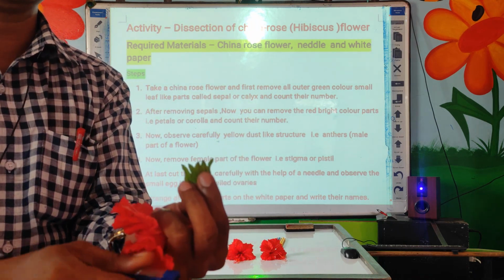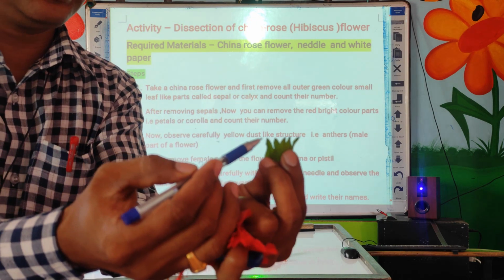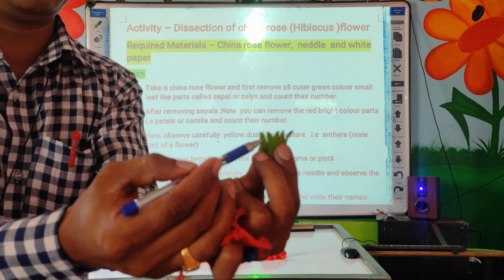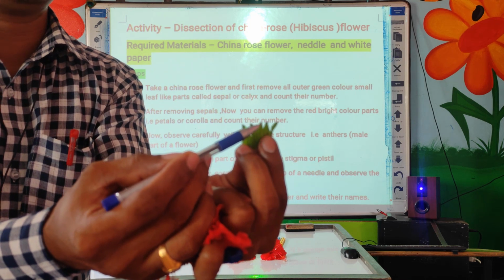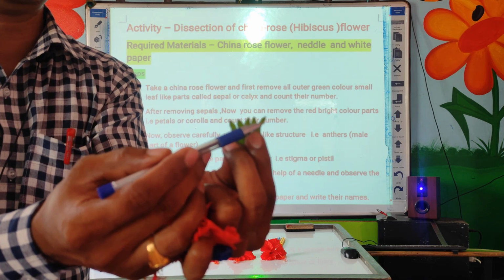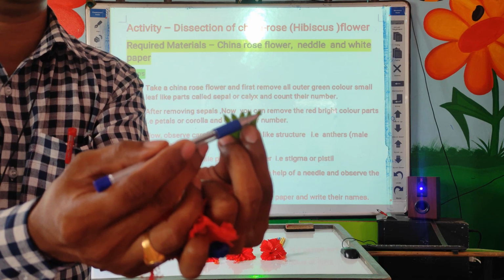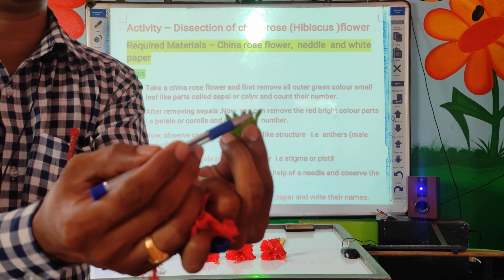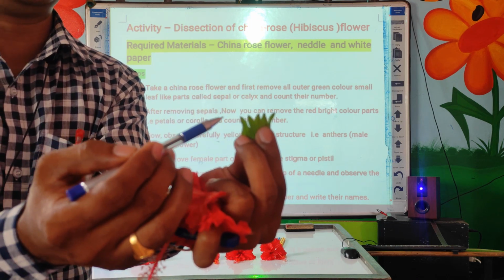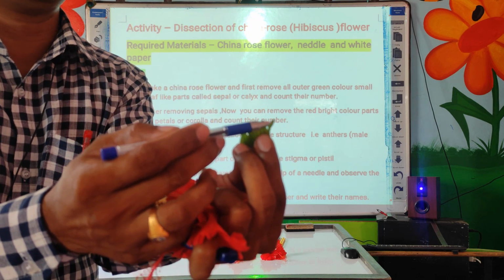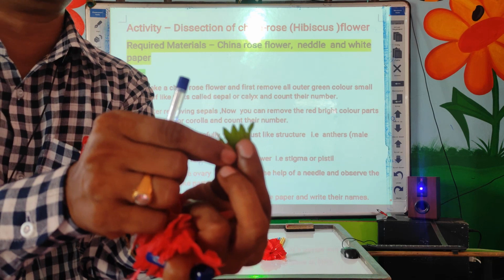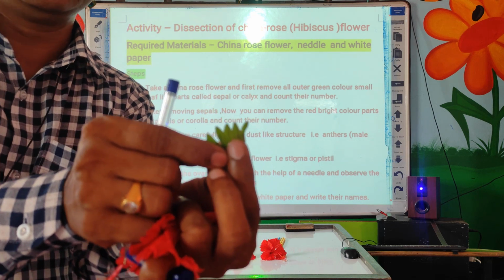This is the first sepal, this is the second one, the third one, the fourth one, and this one is the fifth one. So the total number of calyx is 5. All these 5 calyx I will place on my table.